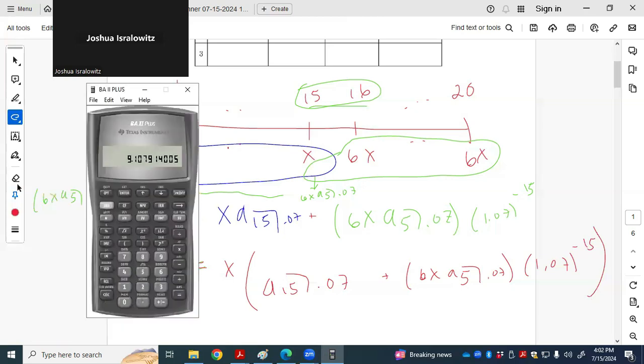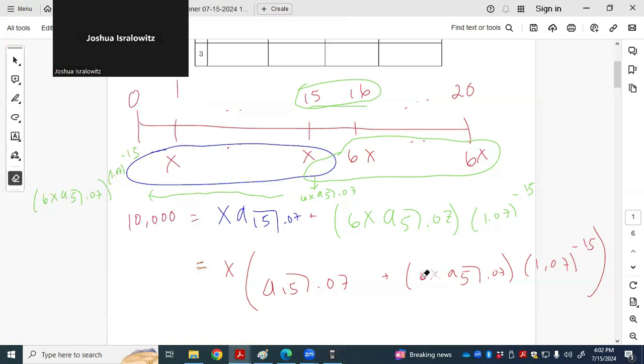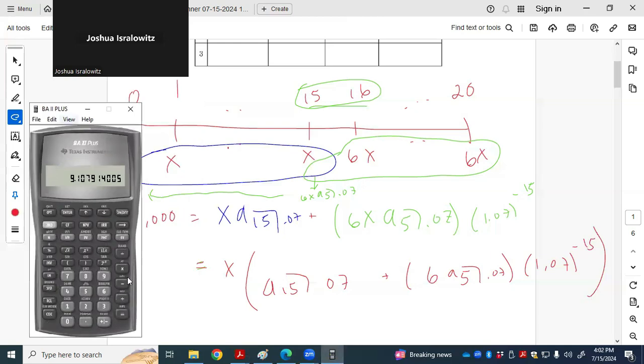And sorry, I should not have an X there. That's an ugly looking 6. So let's do 6 payment, 5 N and 7 interest, compute present value, times 1.07 to the 15th, plus recall 1.